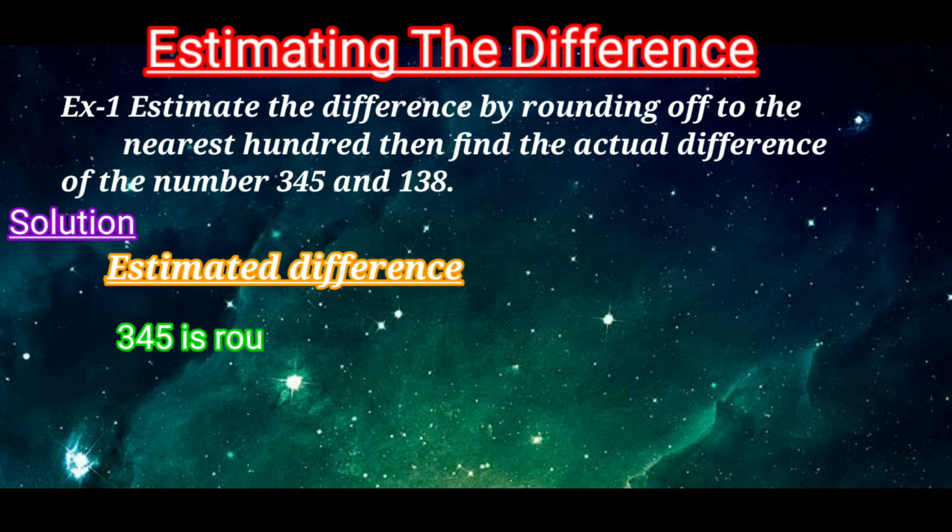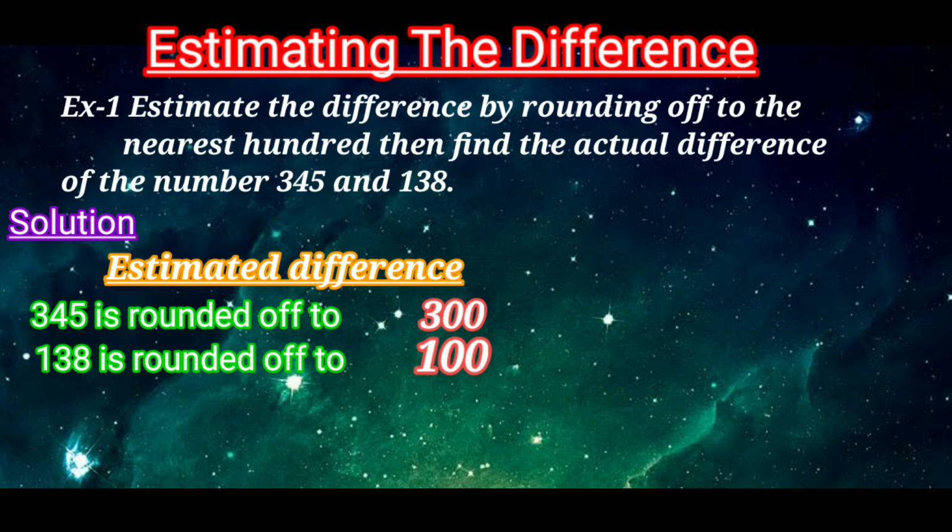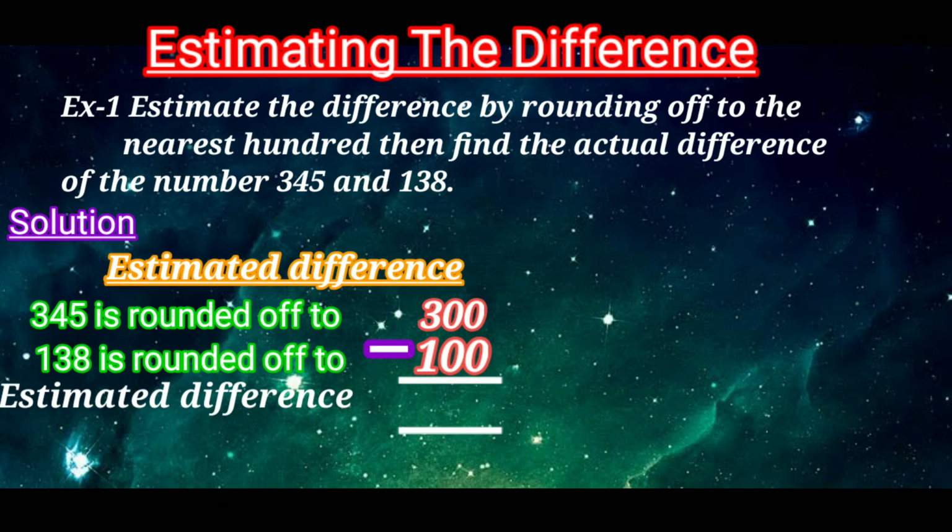So 345 is rounded off to 300 and 138 is rounded off to 100. Next, subtract the numbers obtained to get the estimated difference. Thus, the estimated difference is equal to 300 minus 100, which is equal to 200.